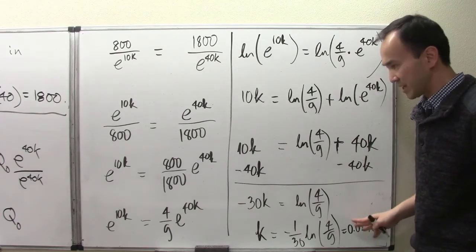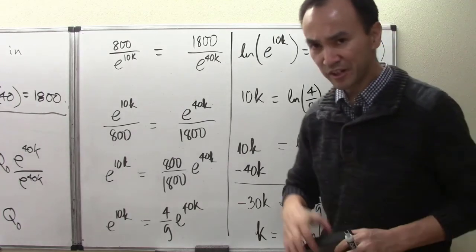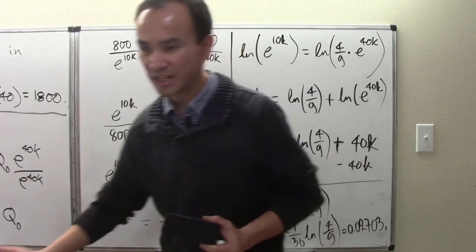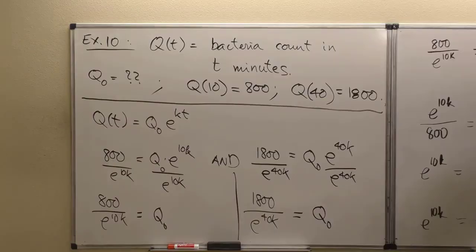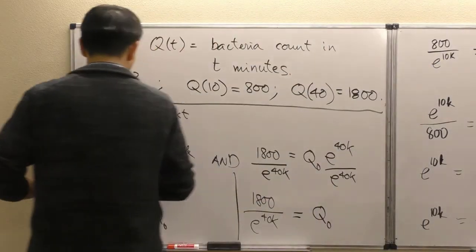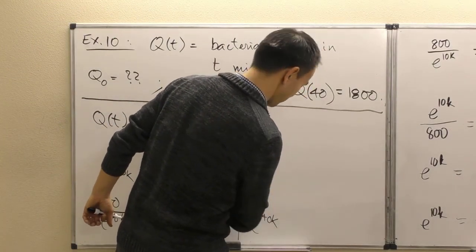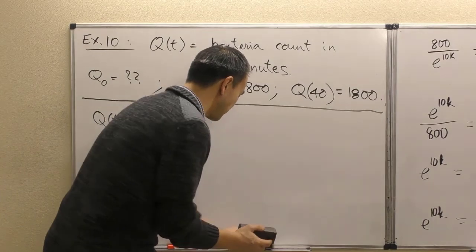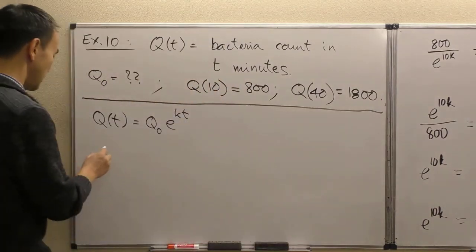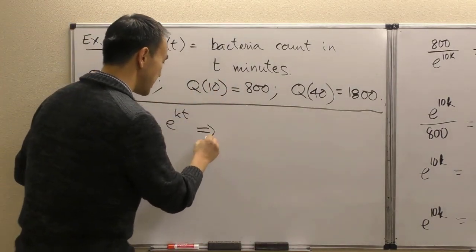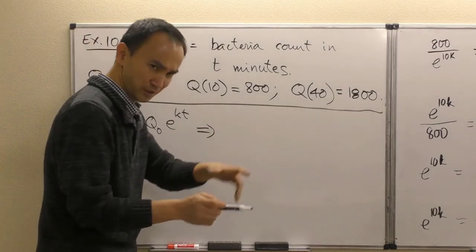So now with this, I'm going to head back to the other board and erase some work that we have done earlier. All right, so now at this point, I have found my k value. So now my function is further completed, but not completely done.